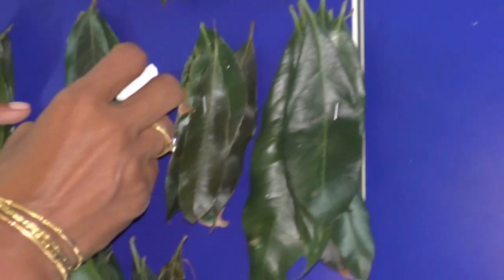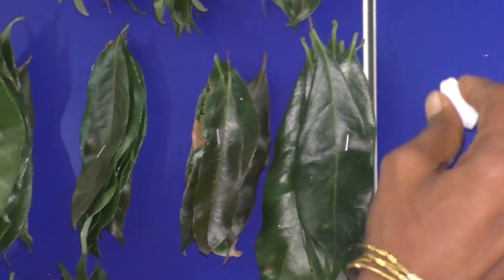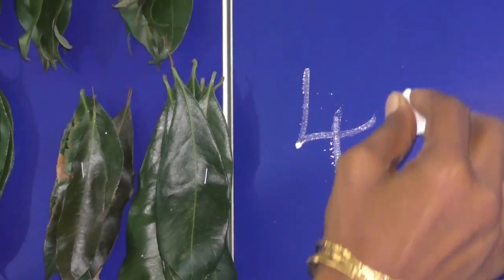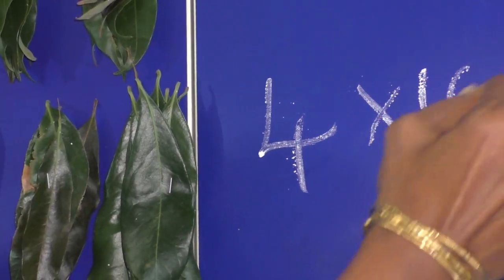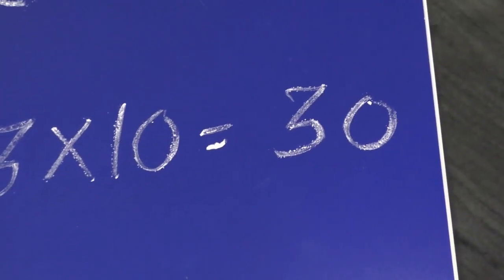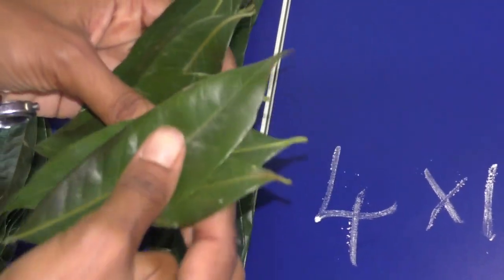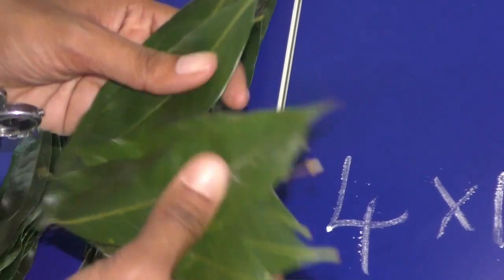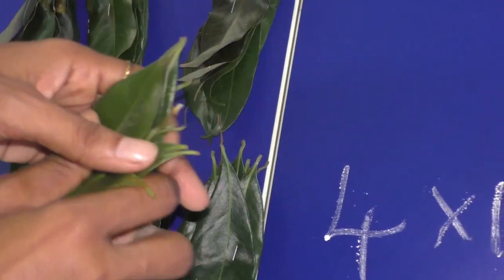Next, now we have 4 groups. So 4 into 10 after 30. Next we count 31, 32, 33, 34, 35, 36, 37, 38, 39, 40.